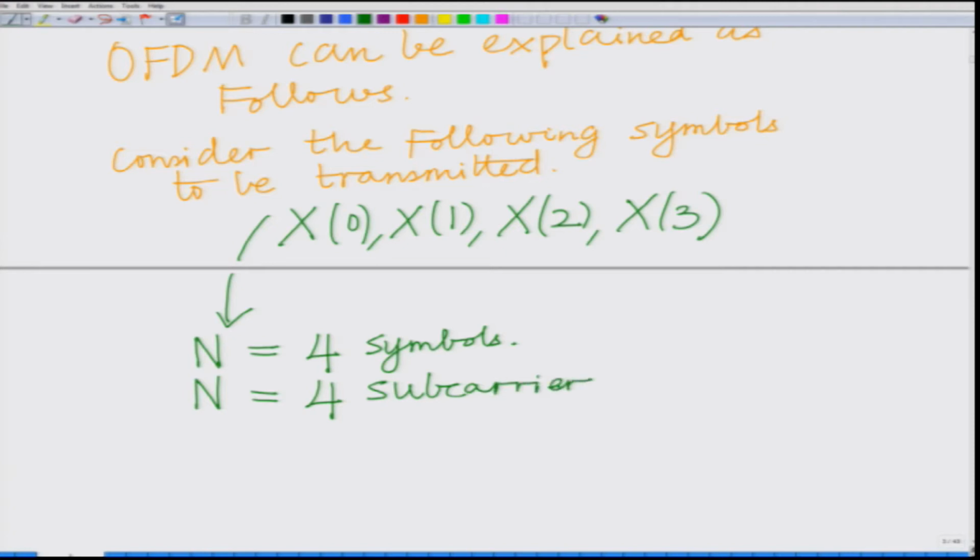This capital N is an important parameter in this OFDM system. These are denoted by capital X0, capital X1, capital X2, capital X3. It is important to note that we are representing them by capital X, because we will use small x to represent something else.